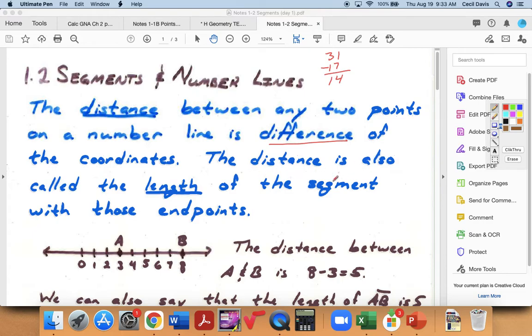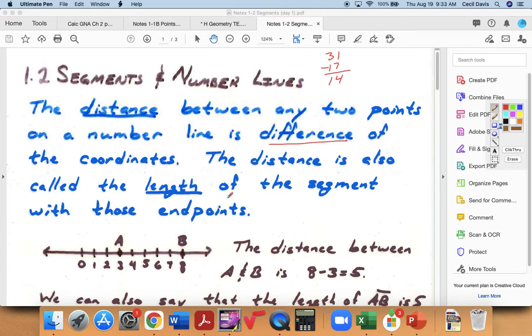So the distance is also called the length of the segment with those endpoints. Oh, so it has to do with segments as well. So on this number line, the distance between point A and point B is, well, B is at 8, A is at 3, and that's 5.